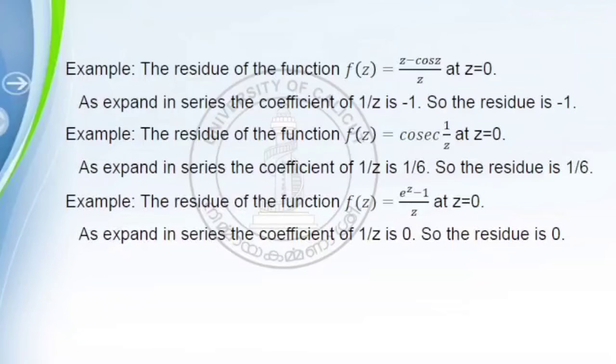And the residue of the function f of z equal to cosec 1 by z at z equal to 0: when we expand this function, you can see that the coefficient of 1 by z is 1 by 6. So its residue is 1 by 6. Similarly, for the function f of z equal to e raised to z minus 1, the whole divided by z, its residue is 0. This means there is no term of 1 by z.